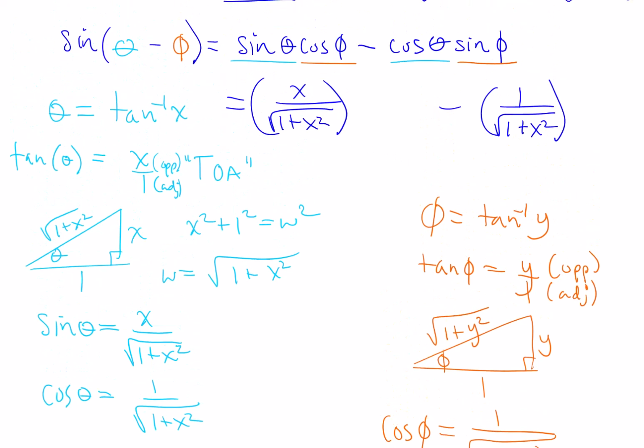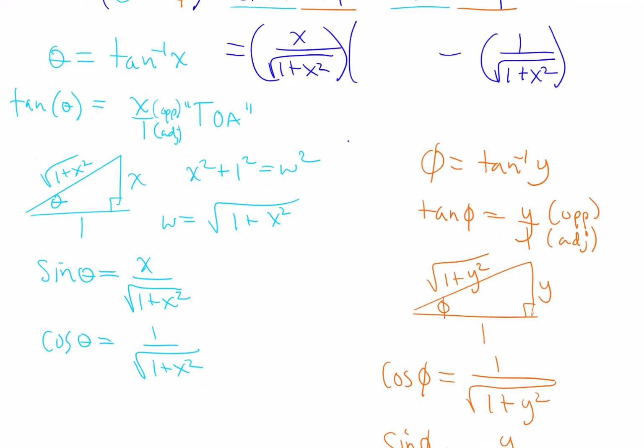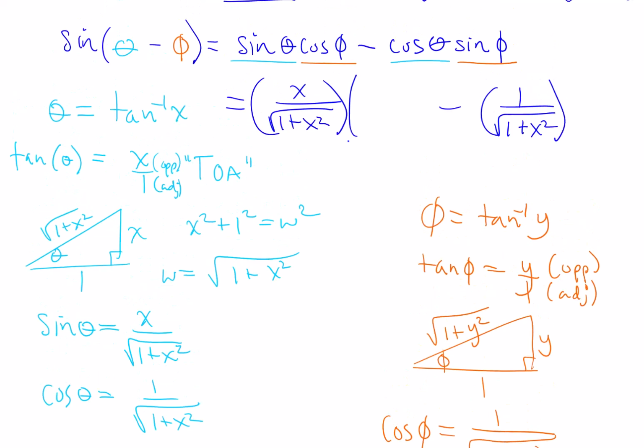So let's go up and do exactly that. I'm going to go back to my expression above where we were plugging in one piece at a time. For cosine phi, what we just discussed is that it's really 1 over the square root of 1 plus y squared. We'll plug that in. That's the second factor in our first term of the sine expansion for the subtraction formula there.